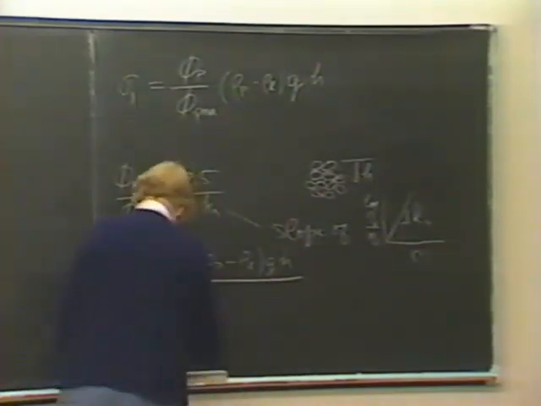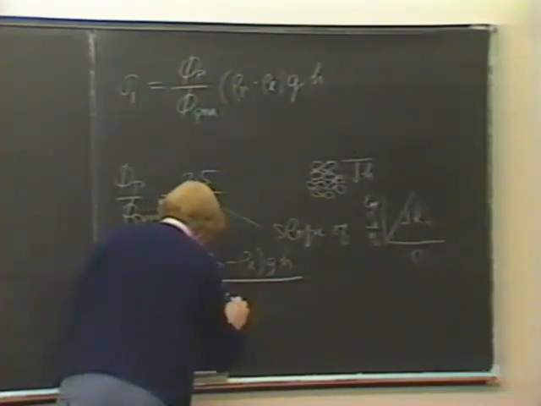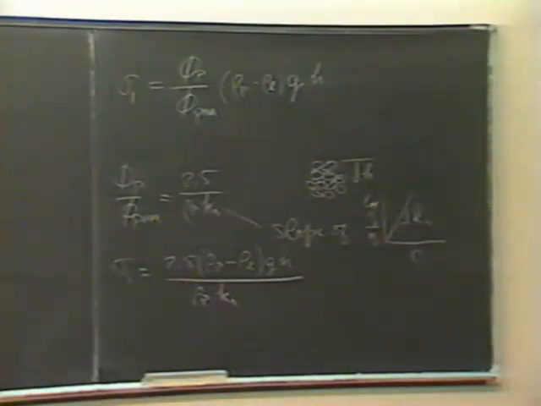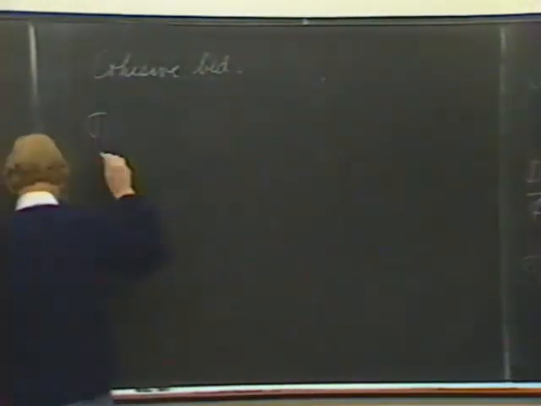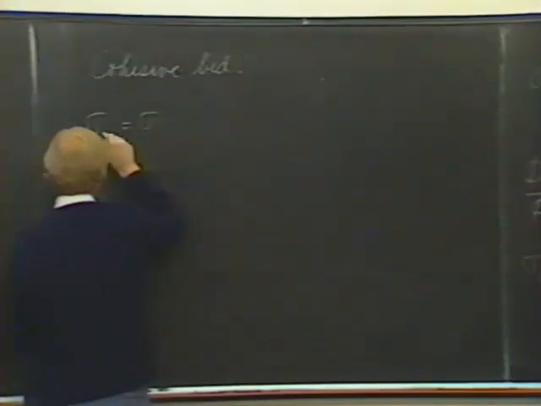For cohesive material, we can write sigma 1 is equal to sigma 3 plus 2 tau. This comes from Mohr's circle.